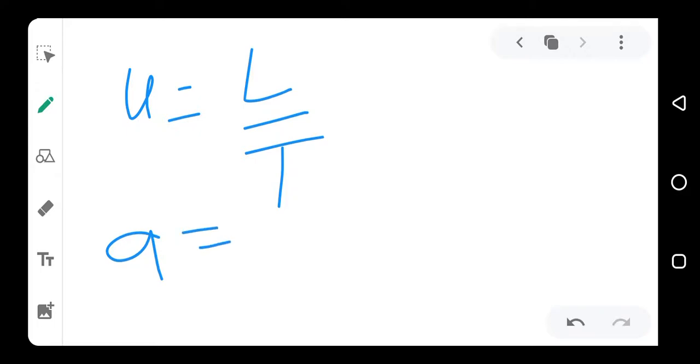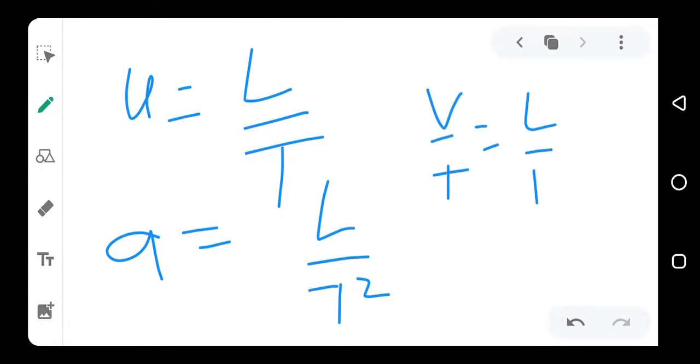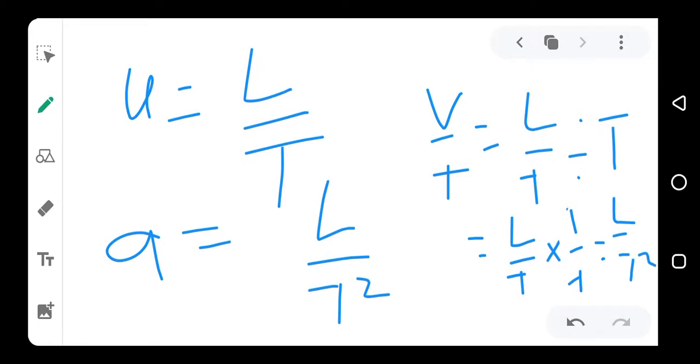Acceleration is L over T squared. We've gotten it before: velocity over time, which is L over T divided by T, which is L over T multiplied by 1 over T, which is L over T squared.